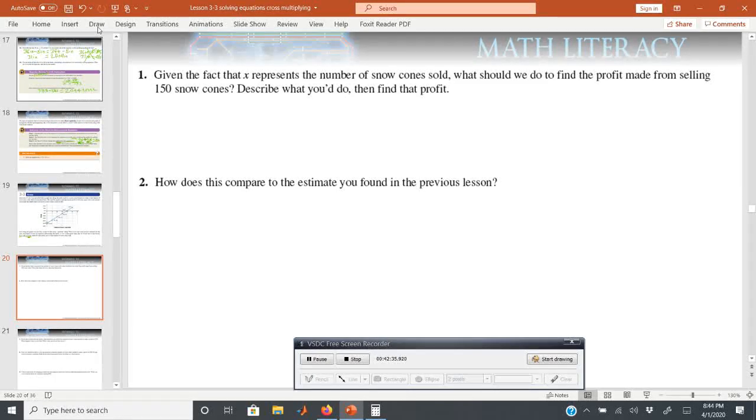Given the fact that x represents the snow cones sold, what should we do to find the profit from selling 150 snow cones? So the equation we had was P equals negative 245 plus 0.63x. And x represents the number of snow cones.